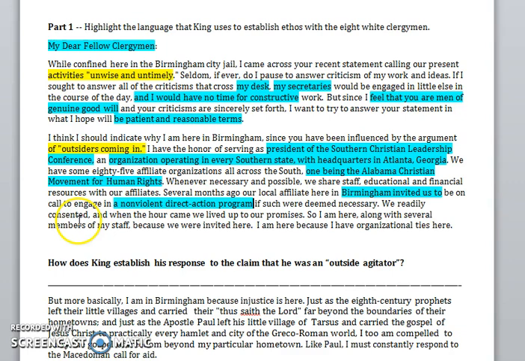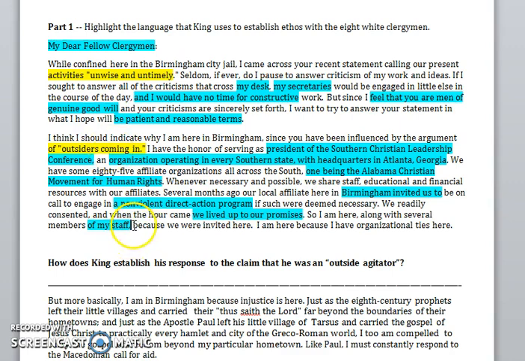We readily consented, and when the hour came, we lived up to our promises, right? So we promised them that we would help them, and then we did. So I am here, along with several members of my staff. Again, he is a serious person. He's busy. He has staff. He has secretaries. Much more than the ministers who wrote the letter would have.